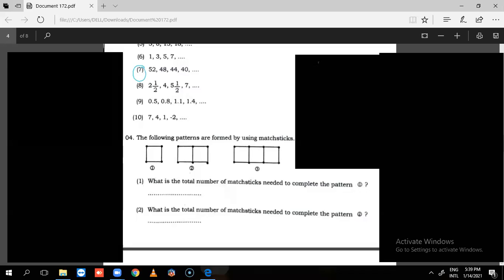First term A equals 52. Common difference equals 48 minus 52, that is minus 4.